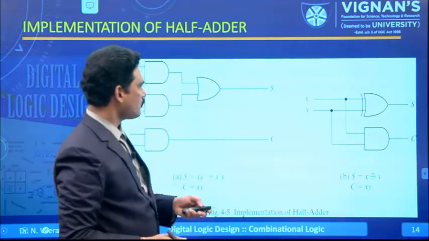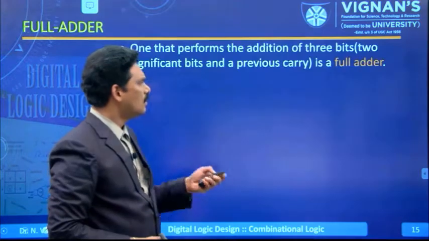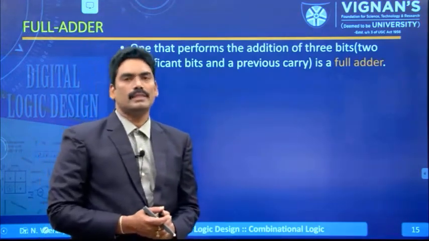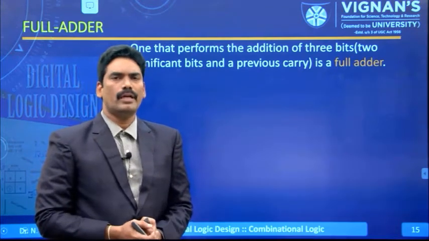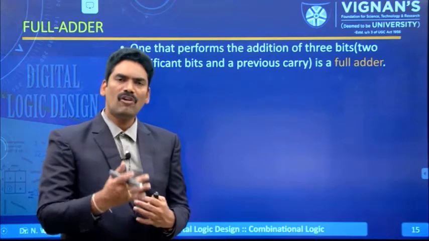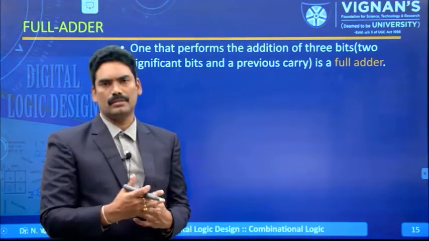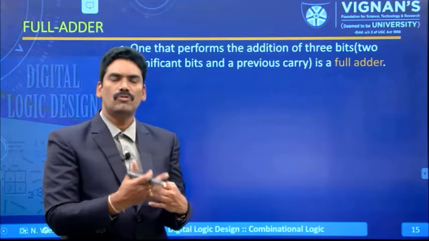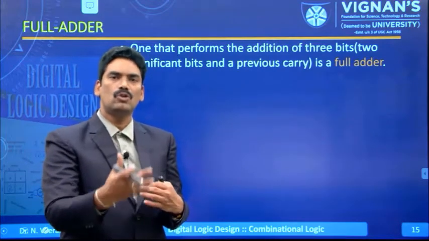Now the next thing is full adder. So we are going to discuss full adder. What is a full adder? A full adder is a combinational circuit which performs addition operation on 3 bits. A half adder is a combinational circuit which performs addition operation on 2 bits.